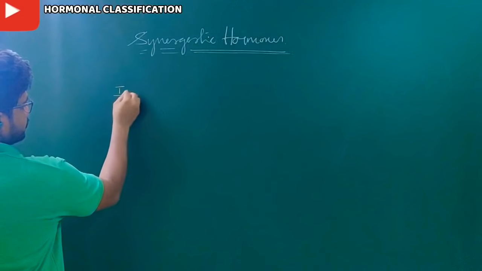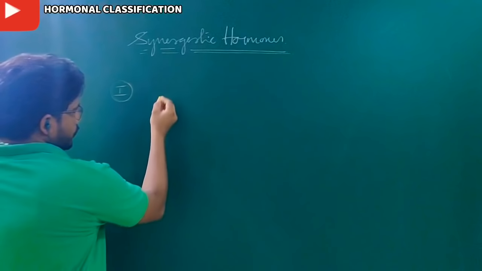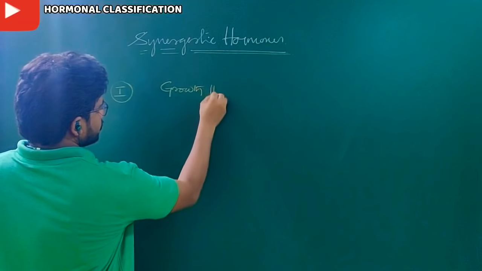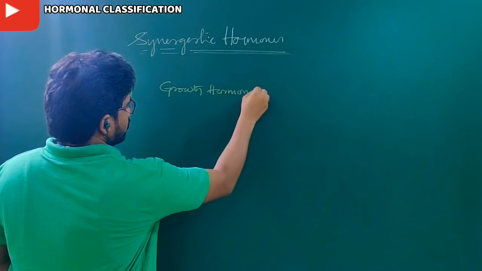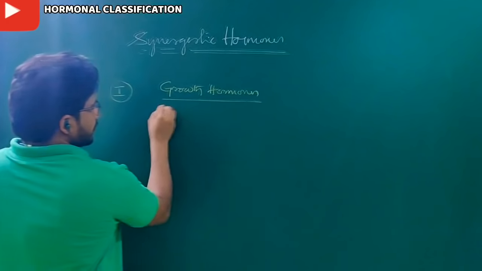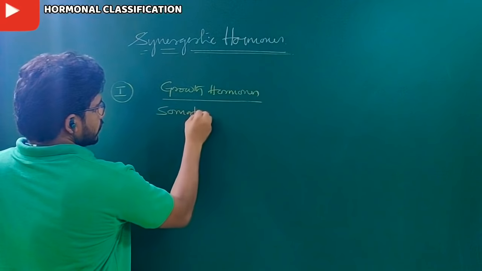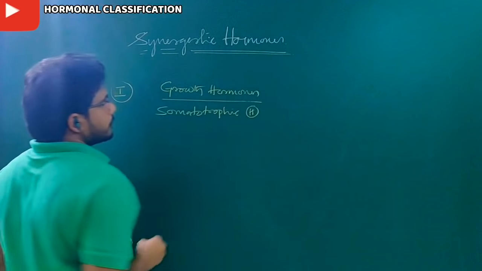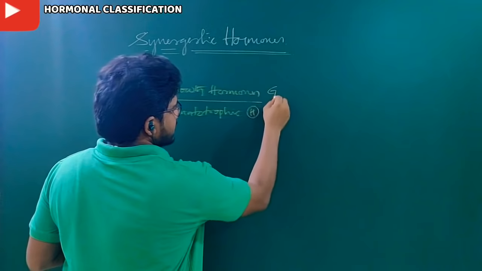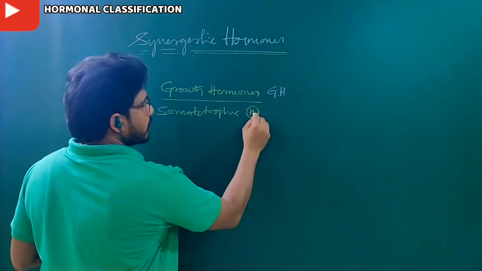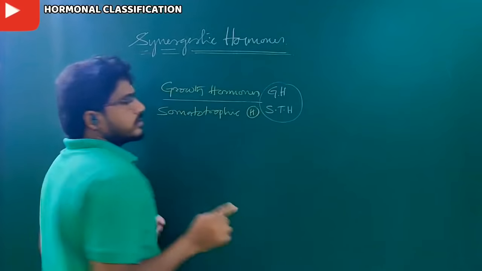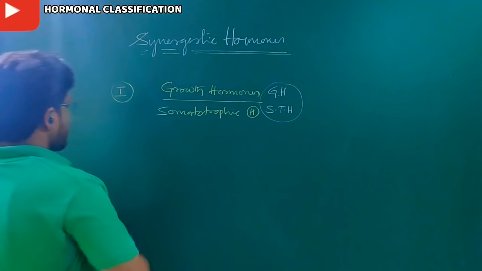Case 1: the hormones like growth hormone, also called somatotrophic hormone. Growth hormone is abbreviated GH. Somatotrophic hormone is called STH. Both are the same, names are different.